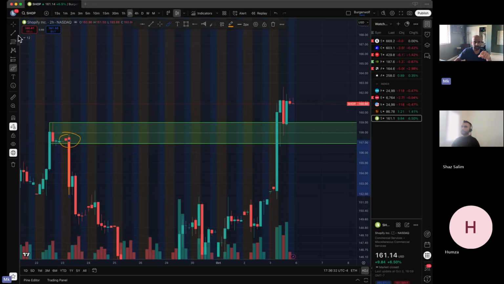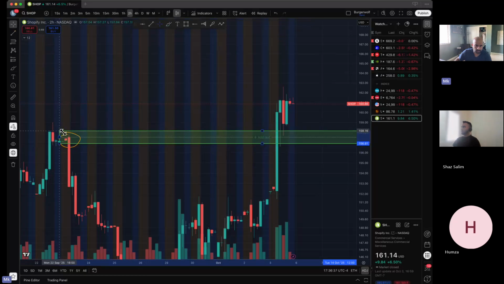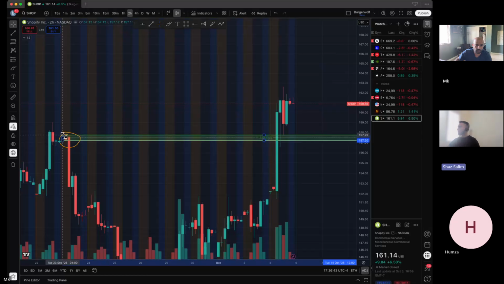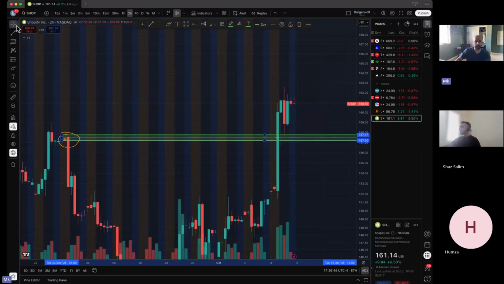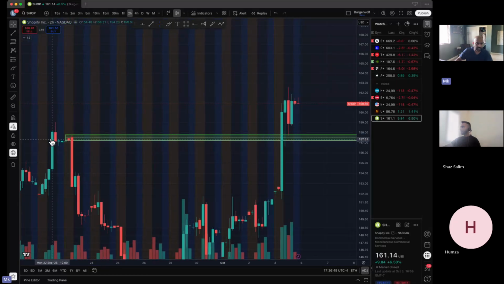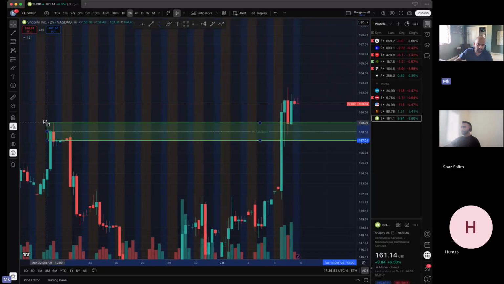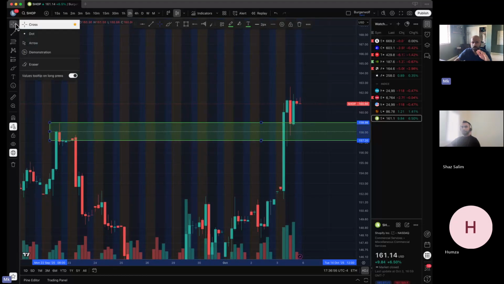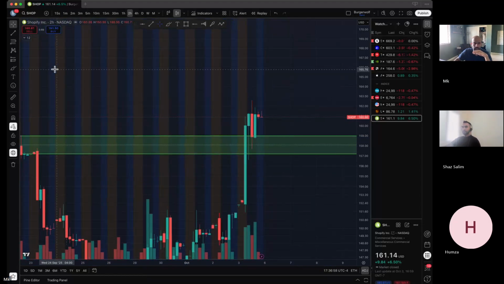So this is an expansion candle, right? Ideally, you would want the box to be here. This would be the ideal circumstance. But because I really like this wick, I want to include it in my zone, because price may very well tap into just this wick and shoot.